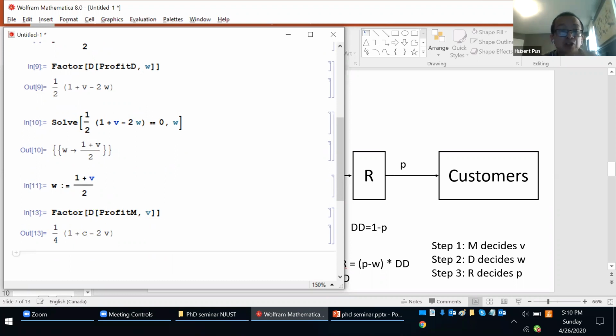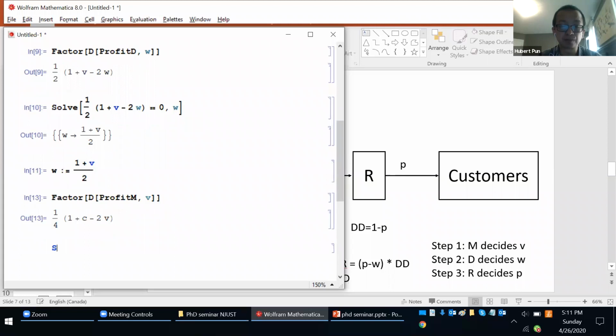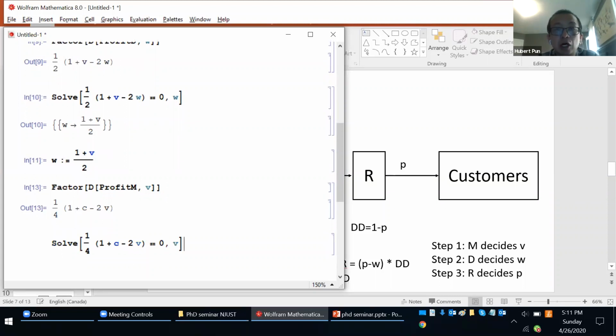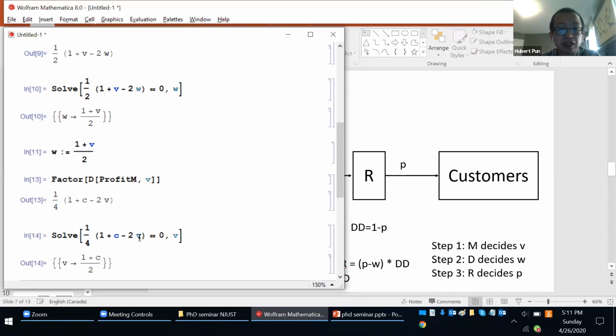So the manufacturer wants to set a V that maximizes, which means the derivative has the slope equal to 0. So we do exactly the same thing here. The slope equal to 0, and we try to solve for the optimal V. And then if we do shift enter, we have this again.